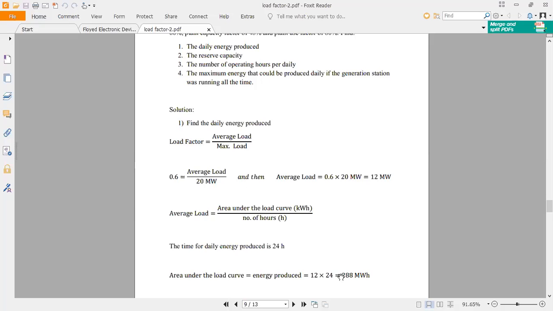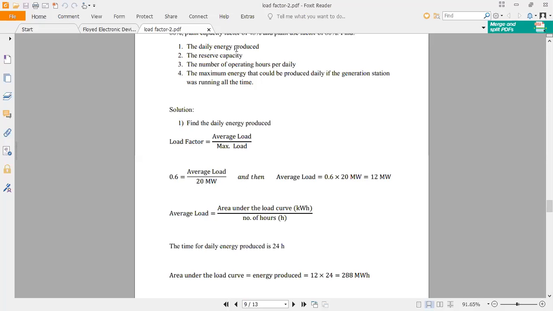So 12 into 24 gives 288 megawatt hour. This is the energy produced by the plant in every 24 hours. Up till now, if anyone has any query, please feel free to discuss.